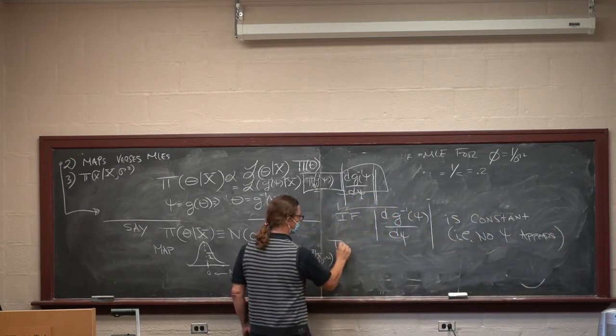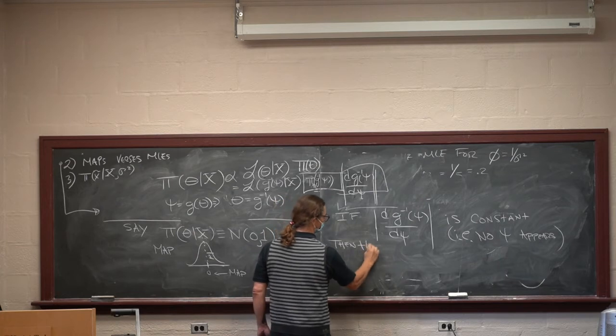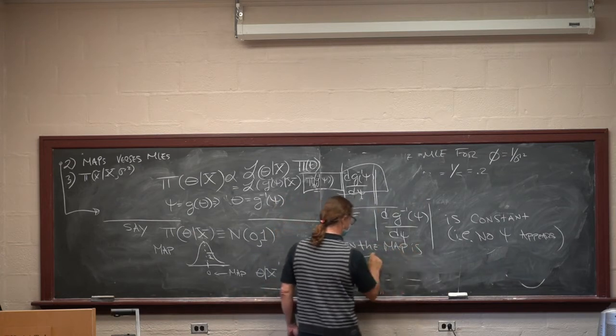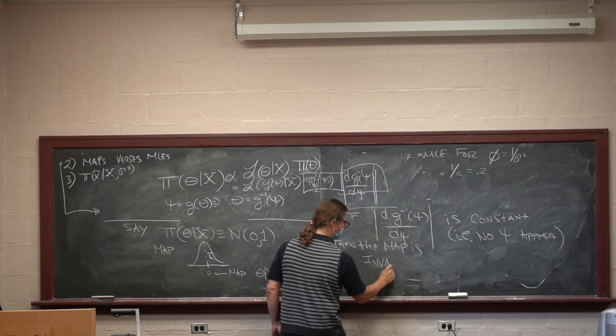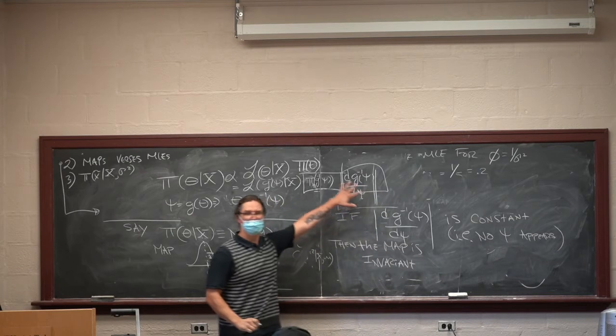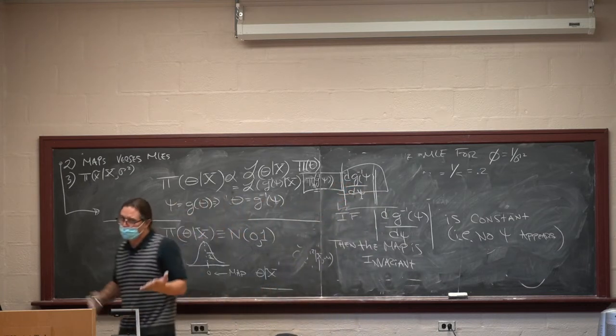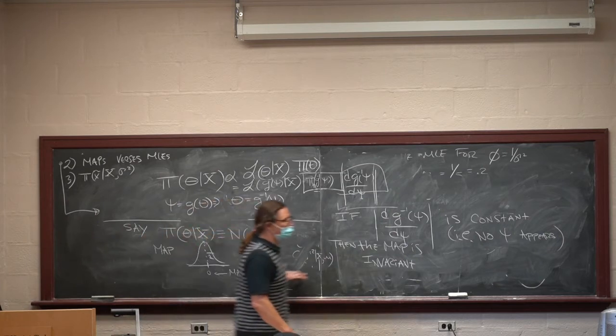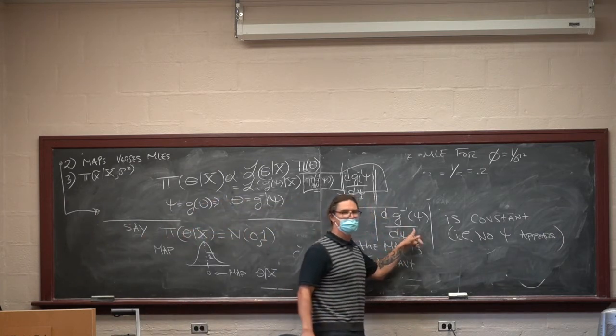Then the map is invariant. There's no psi over here. That's it. So you gotta always think about this. So I guess the remainder of the question is when is this constant?